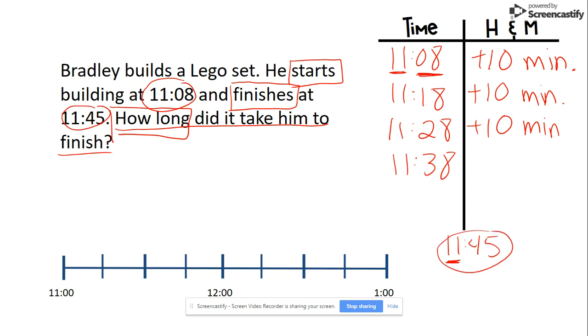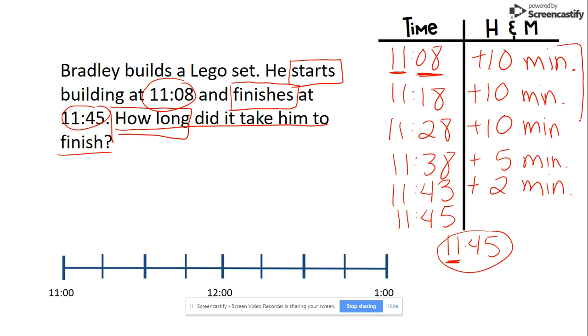So now I'm going to go by smaller increments. I'm going to add 5 minutes this time, and that would put me at 11:43. And I'm super close to 11:45, so I can think in my head 43 plus what is going to give me 45. You can add 2 more minutes, and that would get me to 11:45.